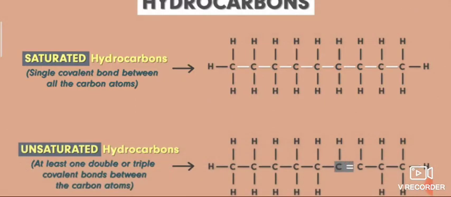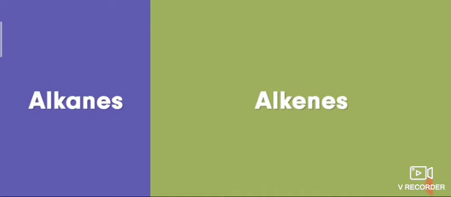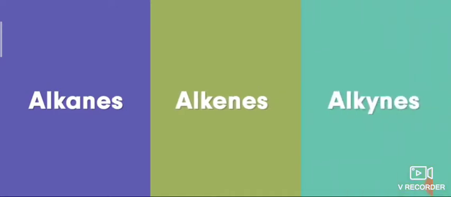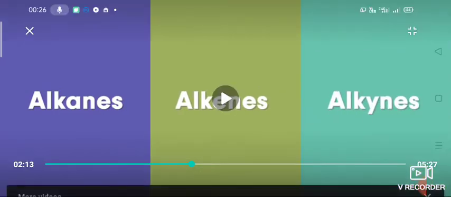The simplest saturated hydrocarbon is methane. Saturated hydrocarbons contain single bonds between the carbon atoms. If it contains a double bond, it is unsaturated.